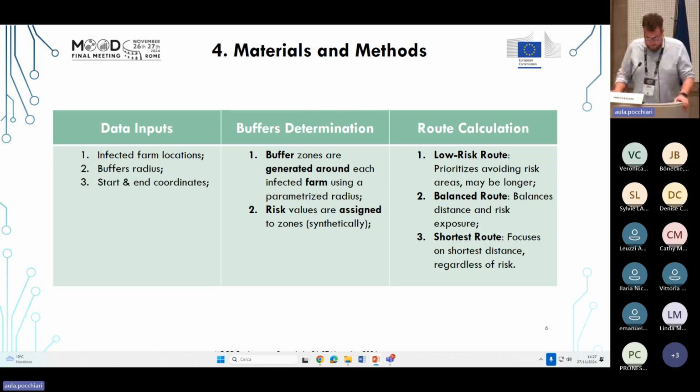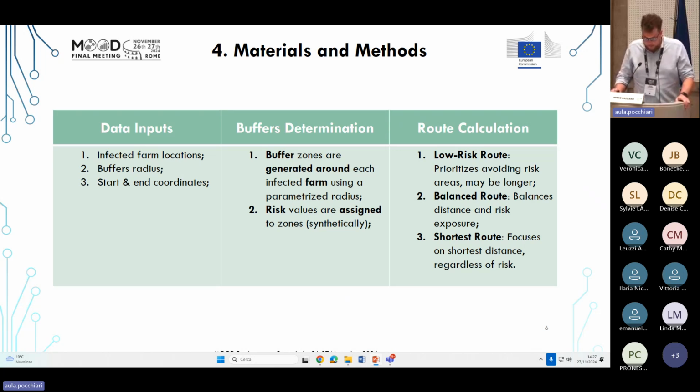So shortly, in our system, we employed infected farm locations as data. We computed a radius around these locations, and to effectively compute paths, the user at each computation should provide start and end coordinates.